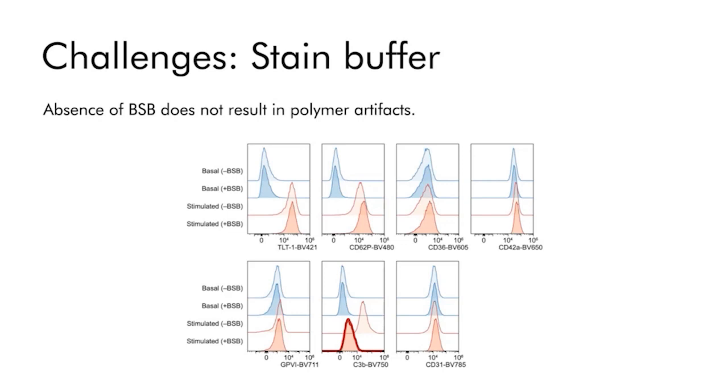The figure here shows basal and agonist stimulated platelets stained with all 7 polymer dyes in the absence, minus BSB, and in the presence, plus BSB, of Brilliant Stain Buffer. And the staining patterns are all very similar with and without buffer, except for C3b, which, as we showed on the previous slide, we already know is diminished by the buffer.